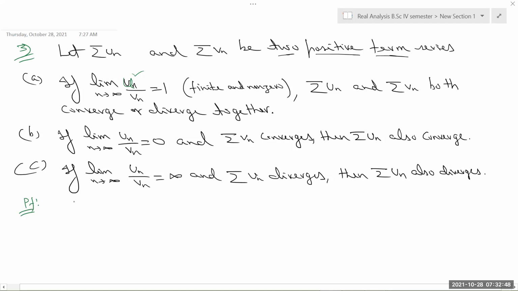Since the terms of both series are positive, Un is greater than 0 and Vn is greater than 0, obviously Un by Vn is greater than 0. Therefore the limit as n tends to infinity of Un upon Vn is greater than or equal to 0.